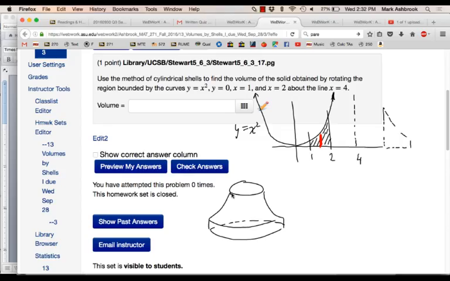That's right. Is that right? I think that's right. So that's what we're going to be looking at here. And so our shell will look like this. Draw it inside here.